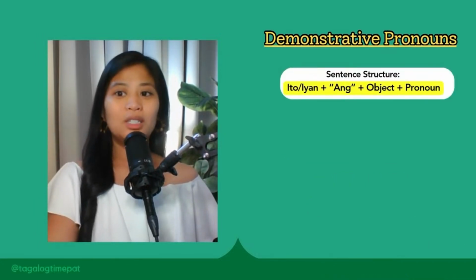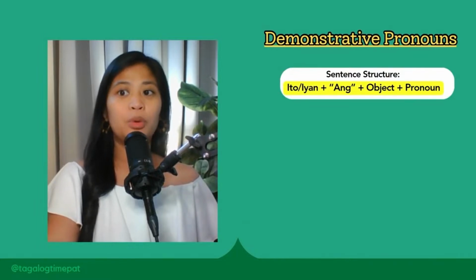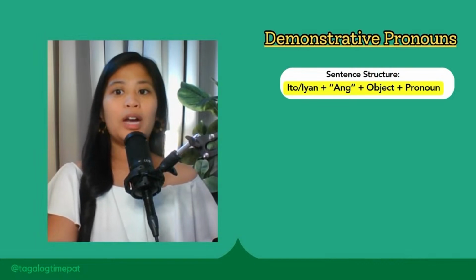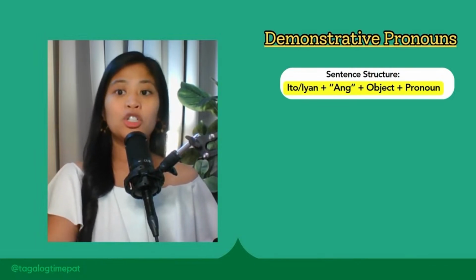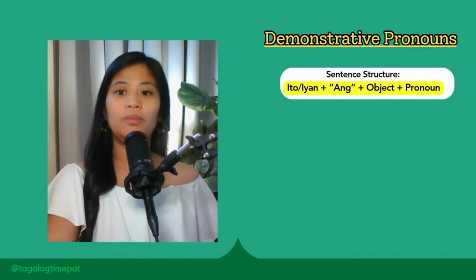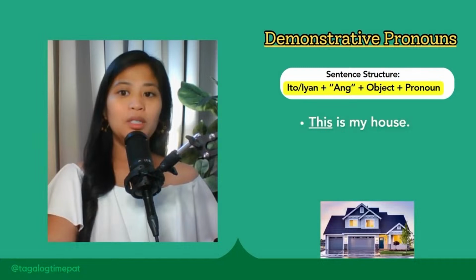So here's the sentence structure for how demonstrative pronouns can be used. Ito or iyan goes first. It's taking the place of the adjective. Then it's the word ang, then the object, then the pronoun. The last part of this sentence structure is the same as what we've just learned. So here's how it's used. This is my house would be ito ang bahay ko.